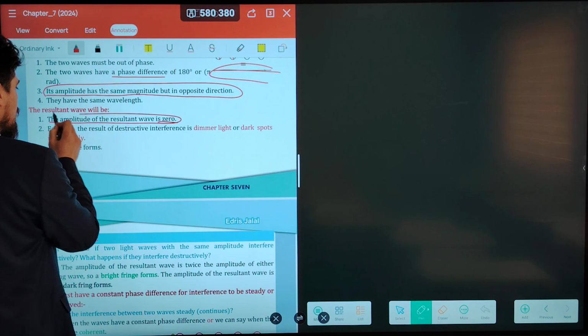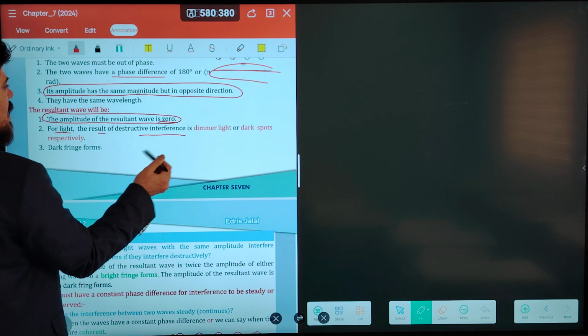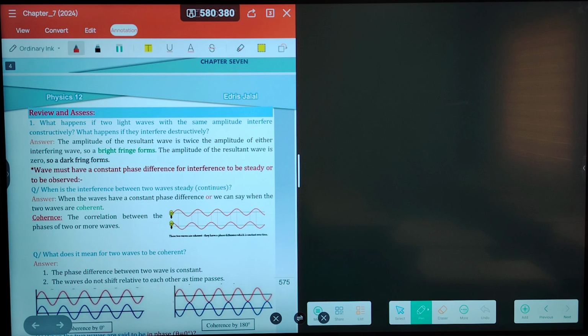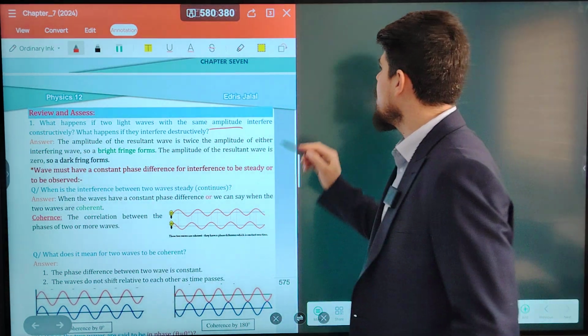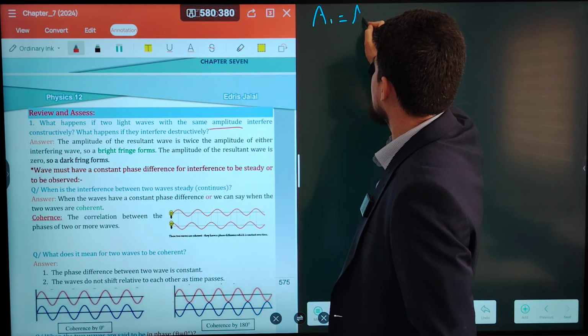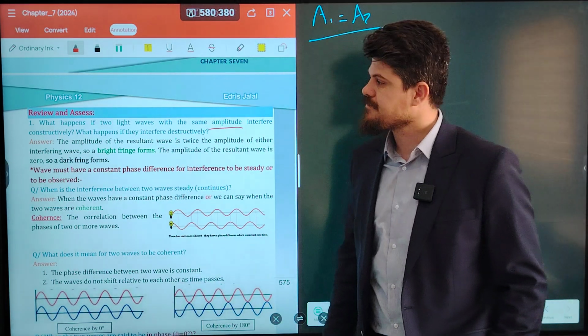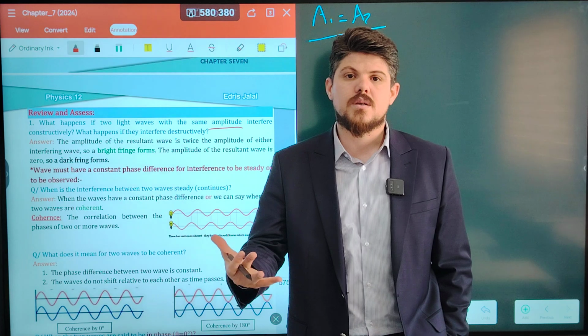Resultant amplitude is equal to what? 0. The result of destructive interference is dimmer light or a dark spot or dark fringe forms. What happens if two light waves with the same amplitude, A1 equal to A2, interfere constructively? The resultant amplitude becomes twice.